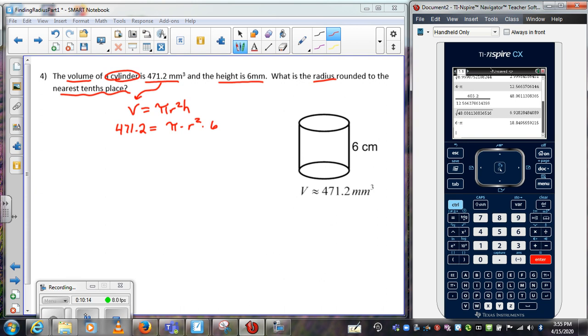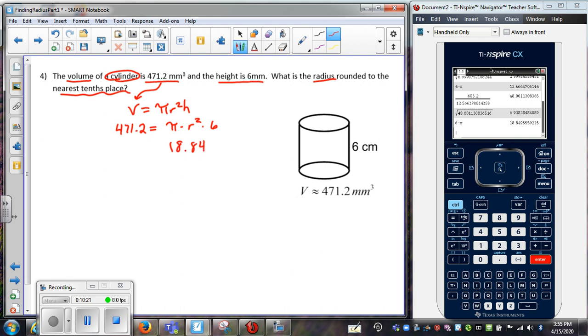Okay. So 18.8495, it looks like, r squared is equal to 471.2. And now the opposite of multiplying by 18.8495 is dividing by that.